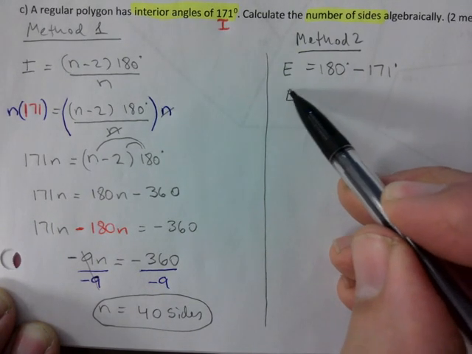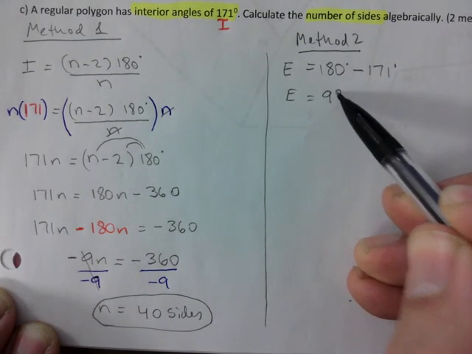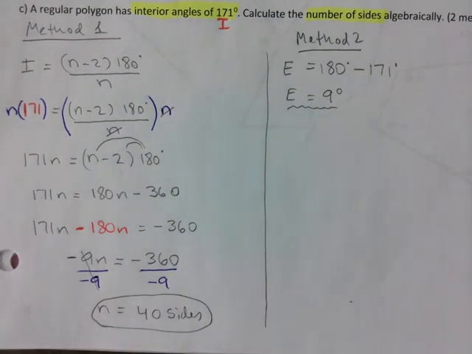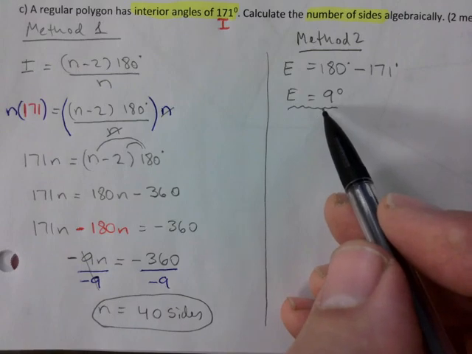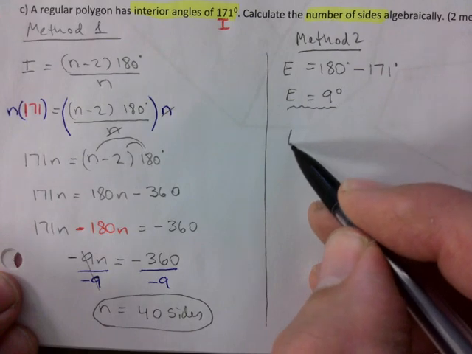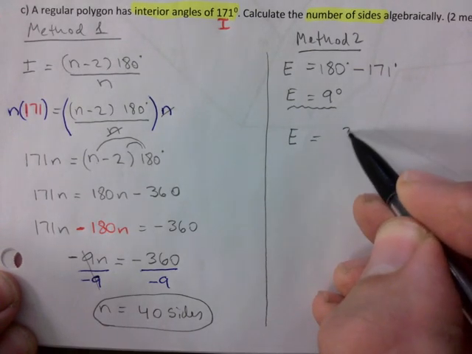So the exterior angle would be 9 degrees. Important. So I'm flipping this question. I don't care about the interior angle. I want to look at the exterior angle, which is 9. So what do we know about the exterior angle formula? It's a lot easier, isn't it?